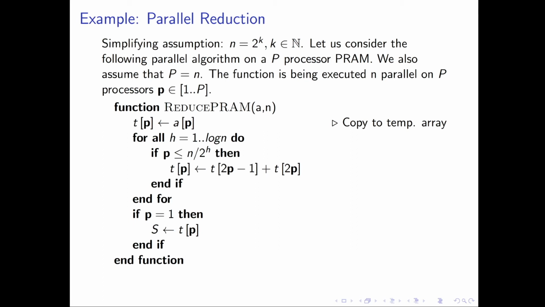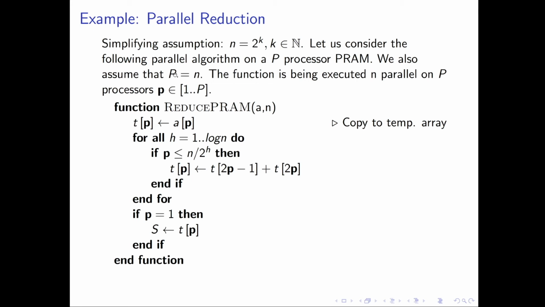Before we do so, we make some simplifying assumptions, basically so that I can fit this algorithm on a single slide. The simplifying assumption is that n is a power of 2, and we also assume that we have P processors, where the number of processors is just n.